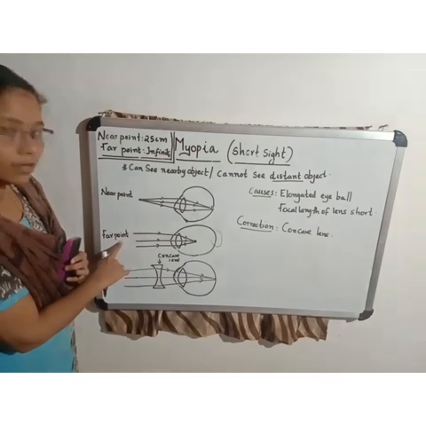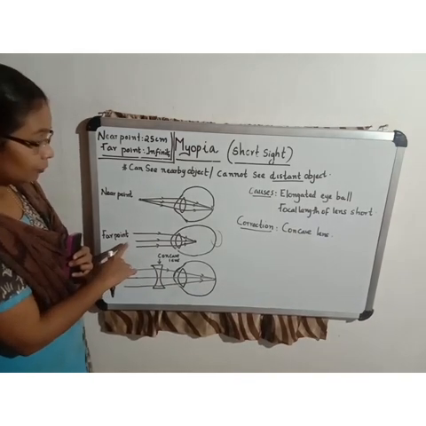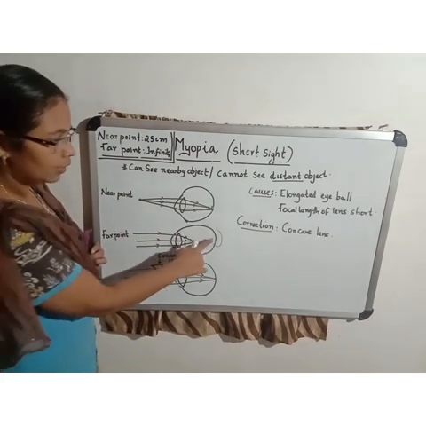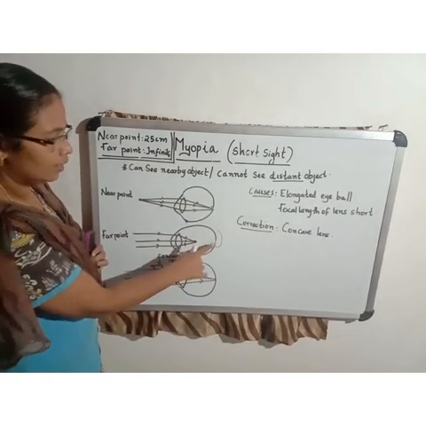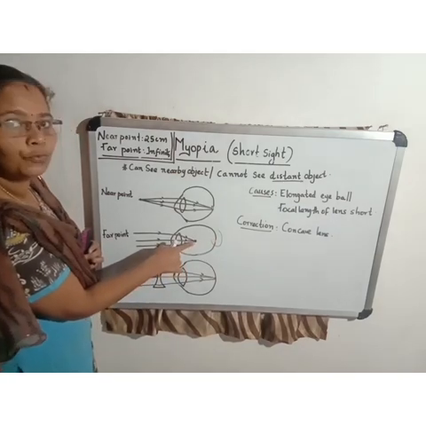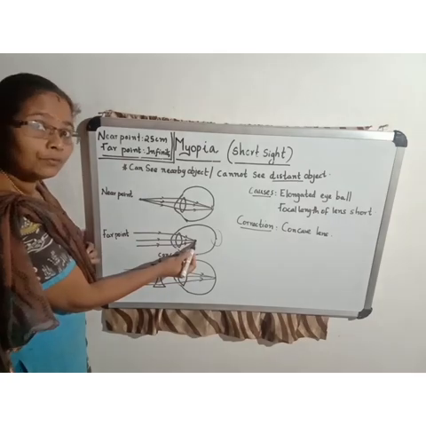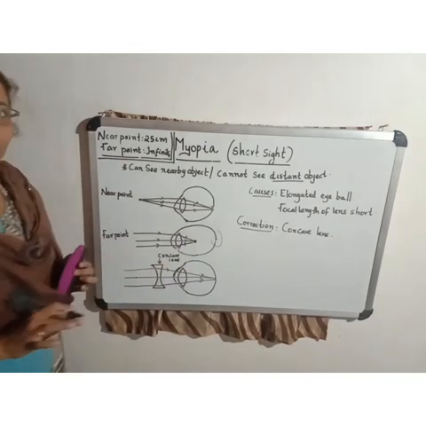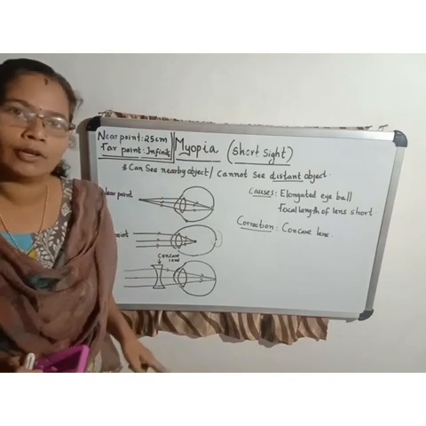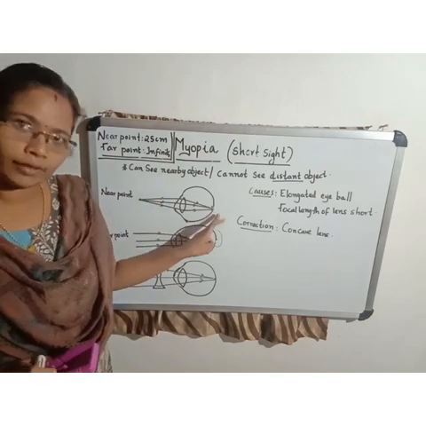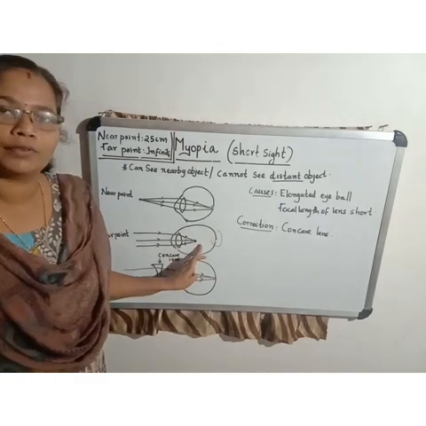But if light is coming from a far away object, the image is not on the retina. Instead, the image is formed in front of the retina. That is the problem.